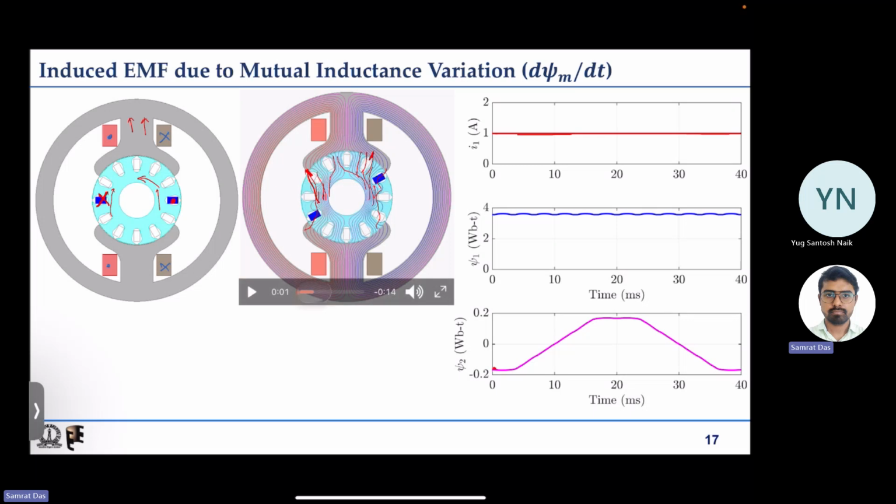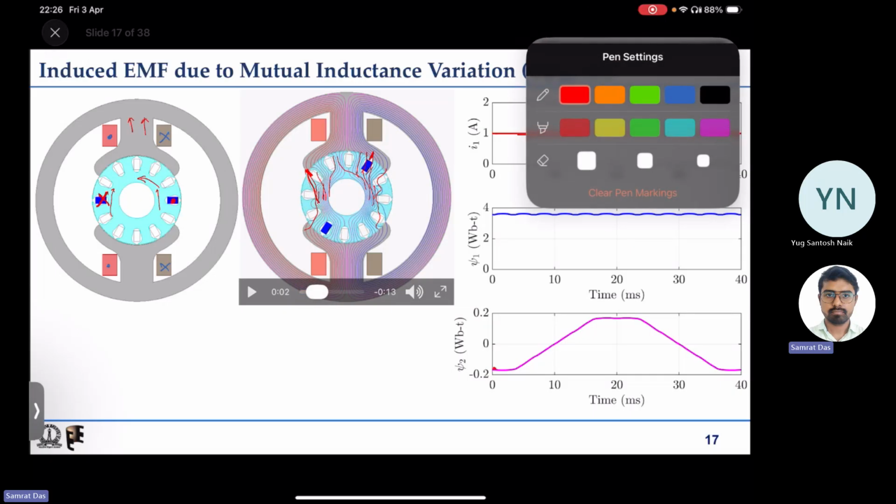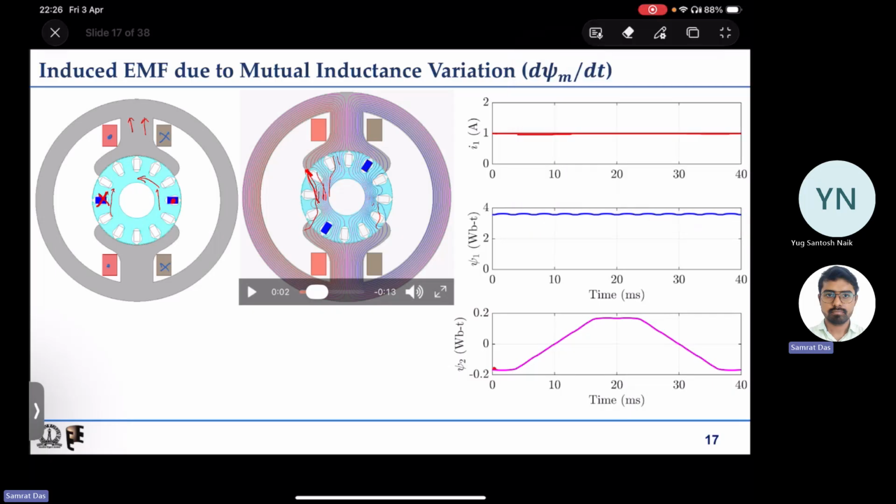Earlier you saw all the flux lines generated by the stator were linking the second coil, but in this case you can clearly see some flux lines do not.